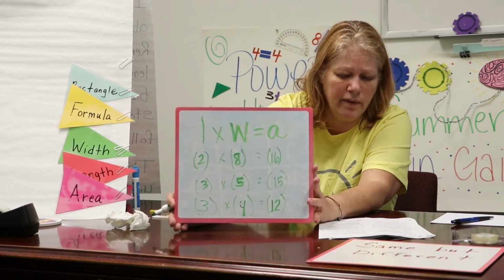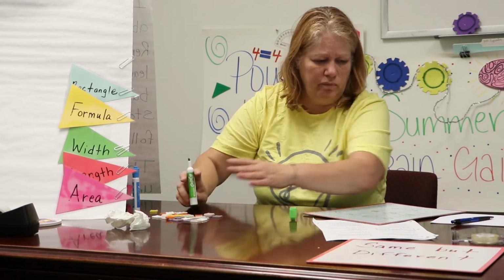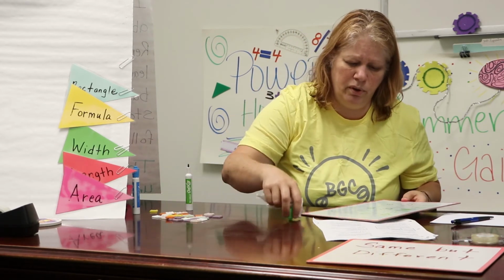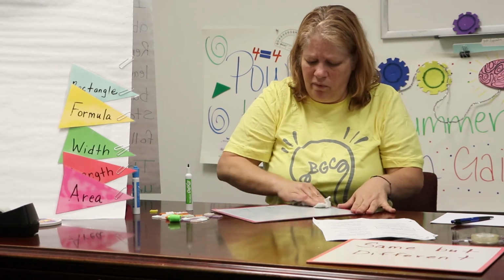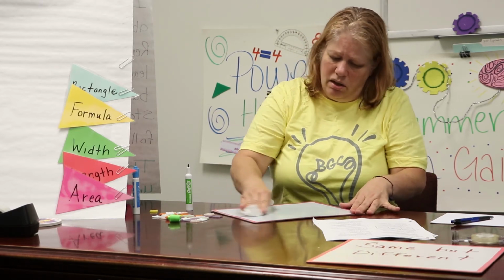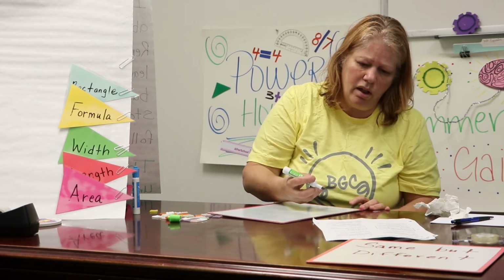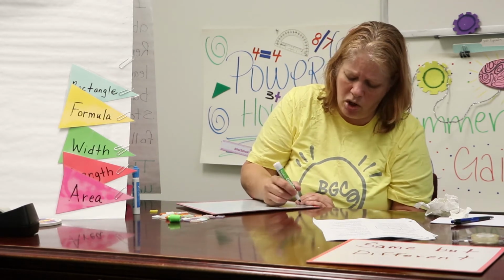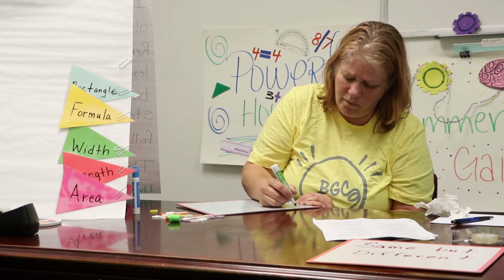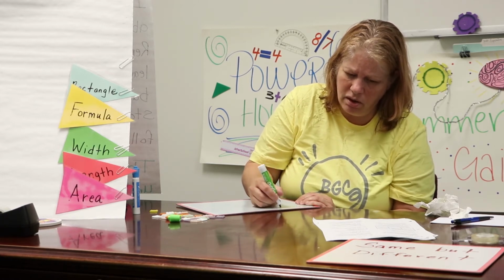Very good. So now I'm going to draw some rectangles on my board. And I want you to draw it on your board. So listen carefully while I give you the numbers. Okay? The first one, we'll call it A. The rectangle I want you to make has 6 rows and 4 columns.